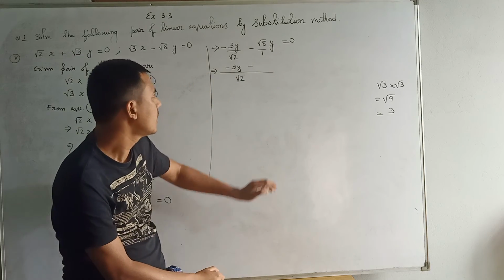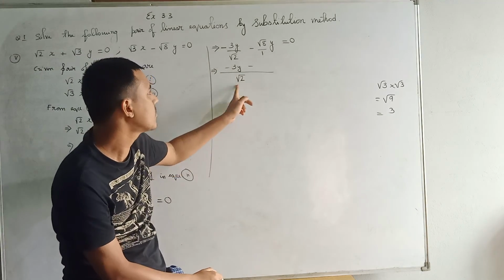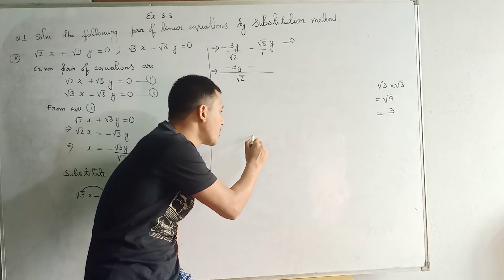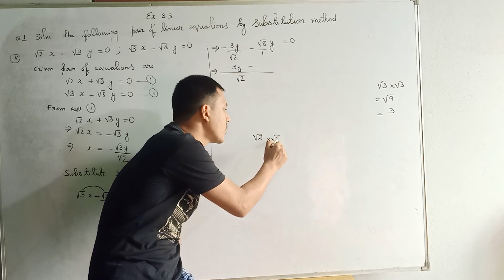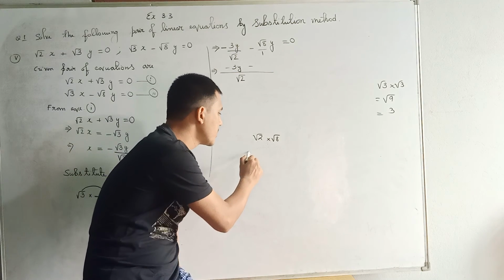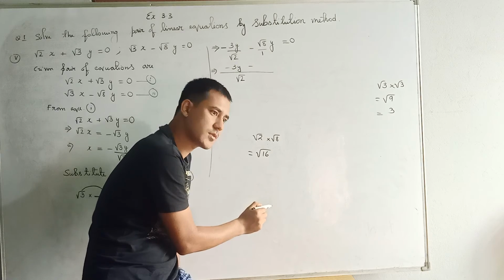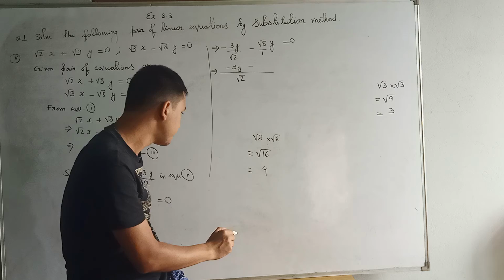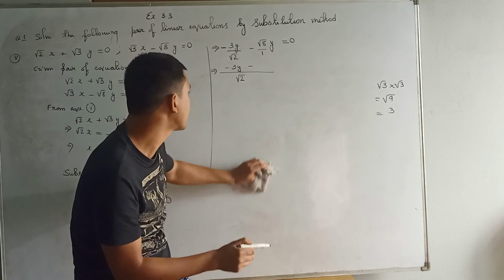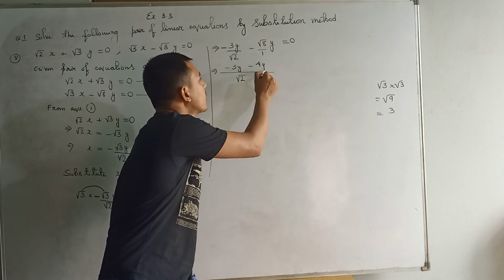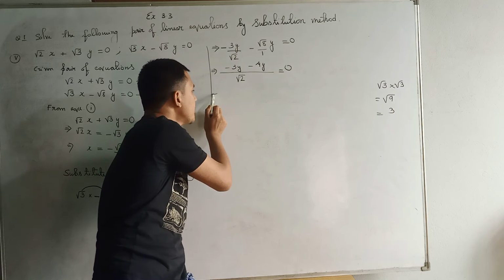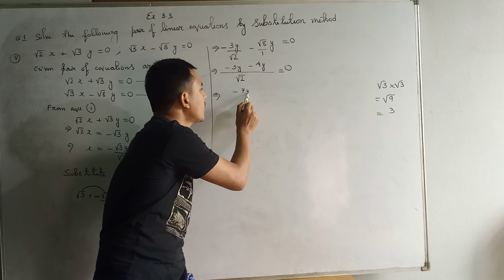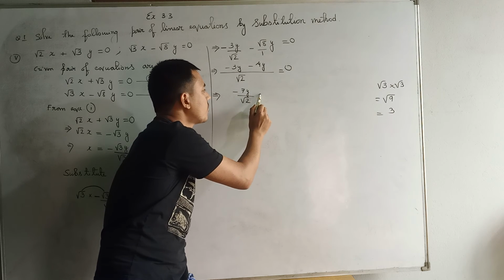If the denominator is 1, LCM will simply multiply the numerator: square root of 2 times square root of 8, which is square root of 16. 16 is a perfect square, so that is 4y. Minus 3y minus 4y is minus 7y upon square root of 2, equal to 0.